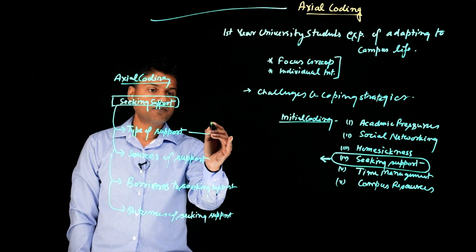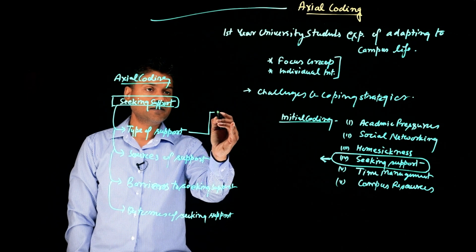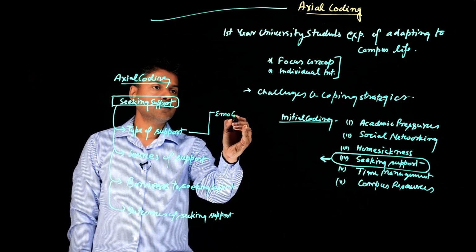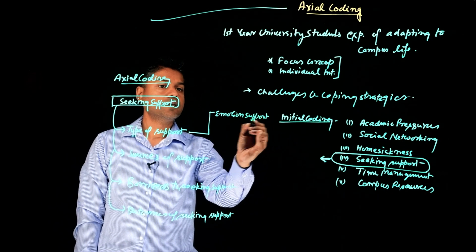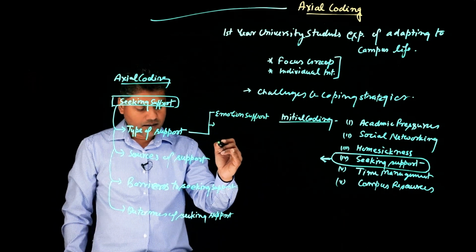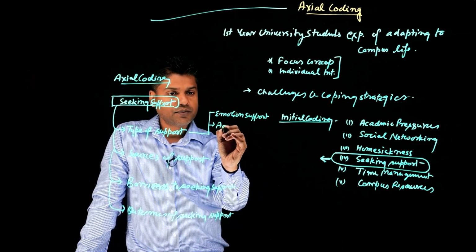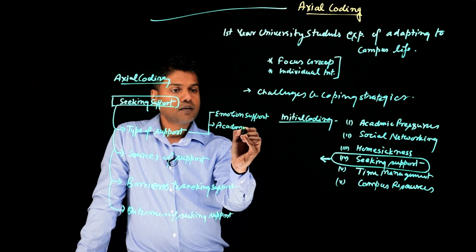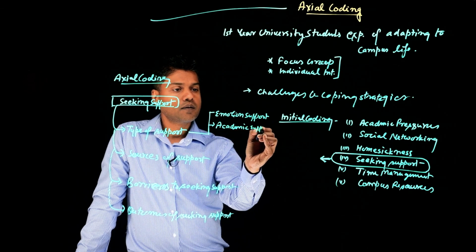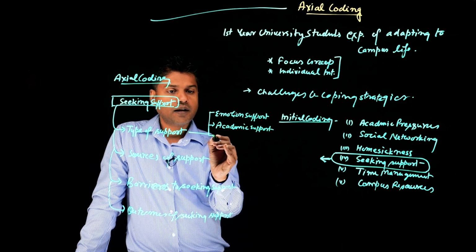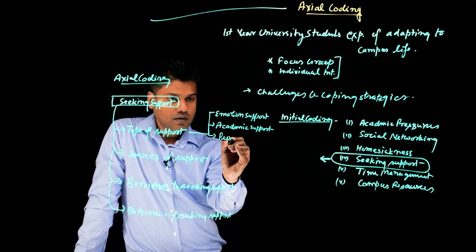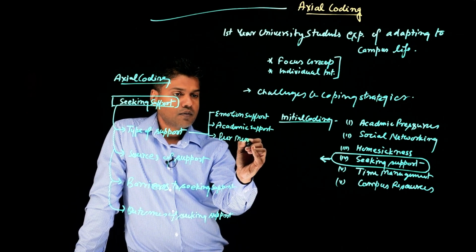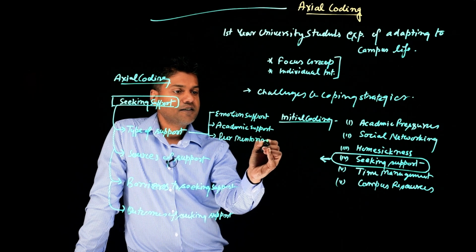And further, I could subcategorize it, let's say, emotional support. Another could be academic support. Another could be peer mentoring.